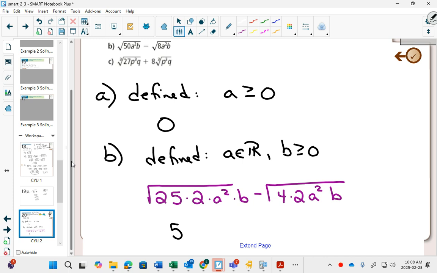The square root of A squared is the absolute value of A. And inside, I'm going to be left with a 2 and a b. Minus, same thing here, square root of 4 is 2, square root of a squared will be the absolute value of a, and I'll be left with 2b.